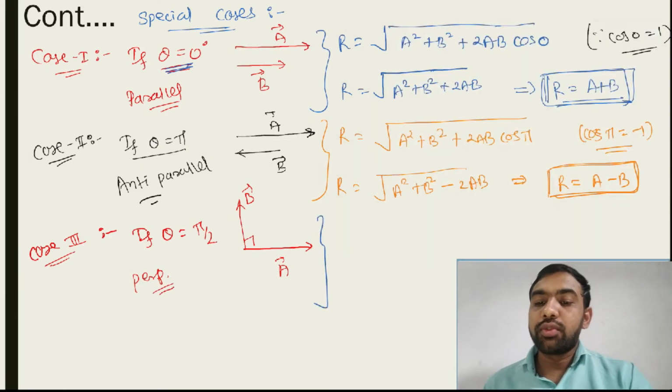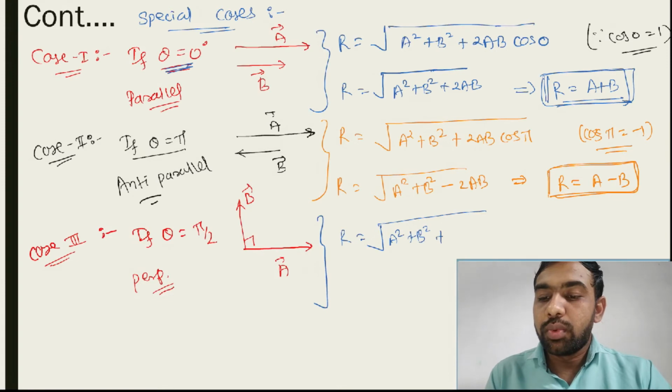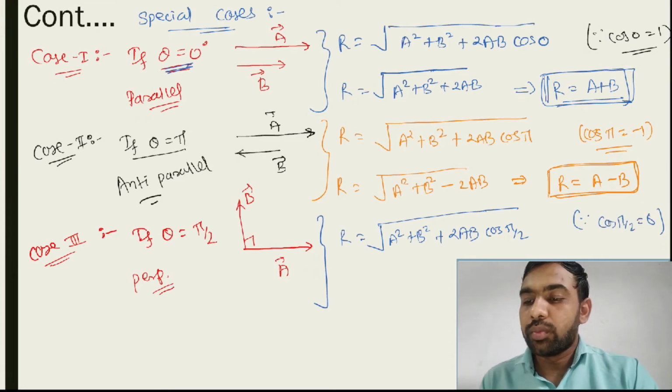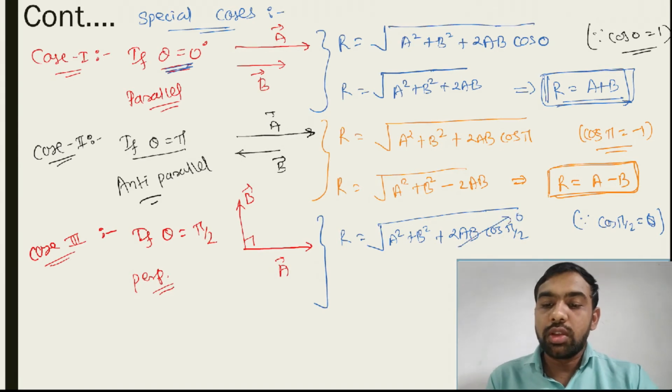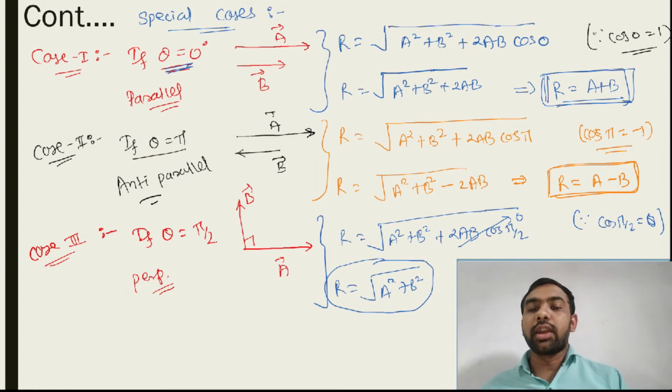If two vectors are perpendicular, write down under root a square plus b square plus 2ab cos pi by 2, and we know cos pi by 2 is equal to 0. So put that in. What remains is r equal to under root a square plus b square. This is like a right angle triangle.